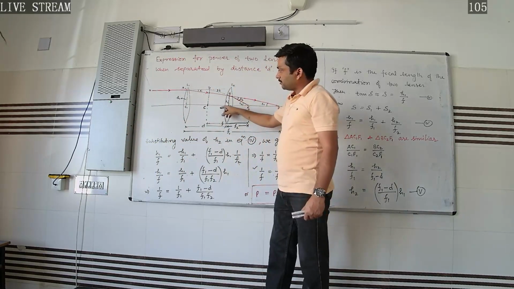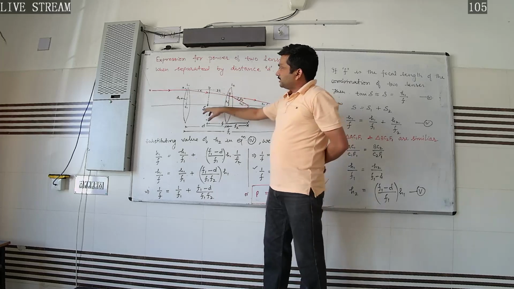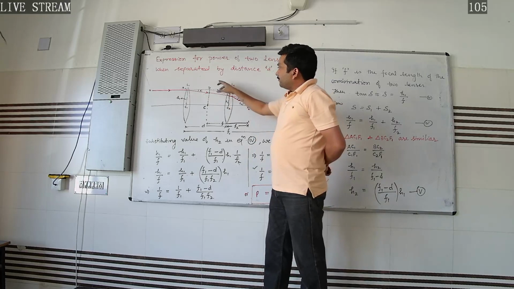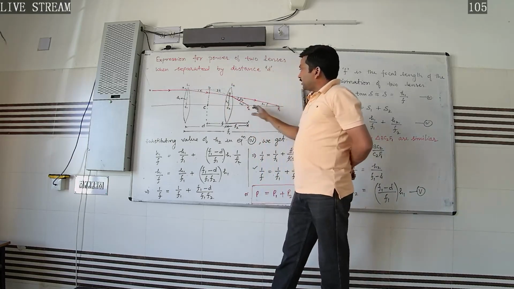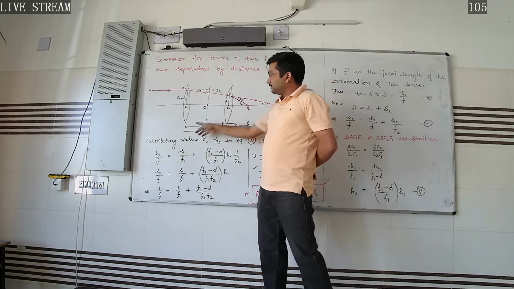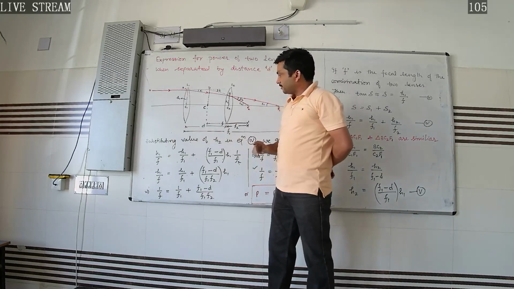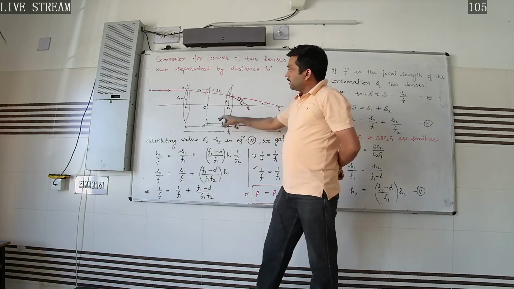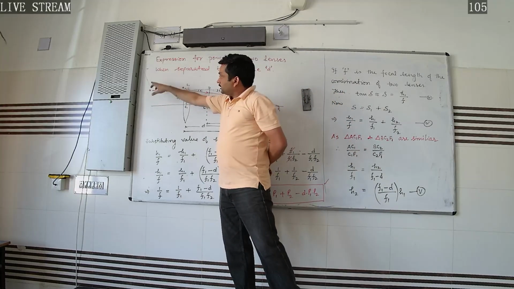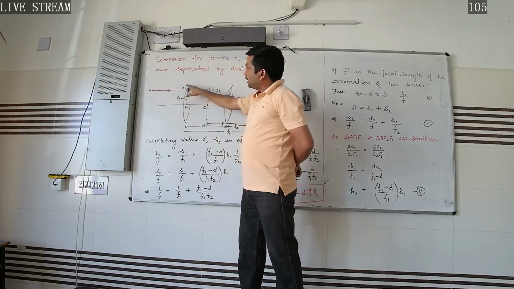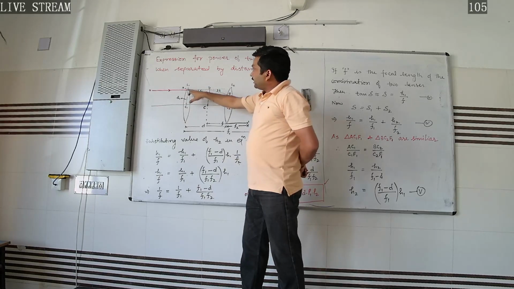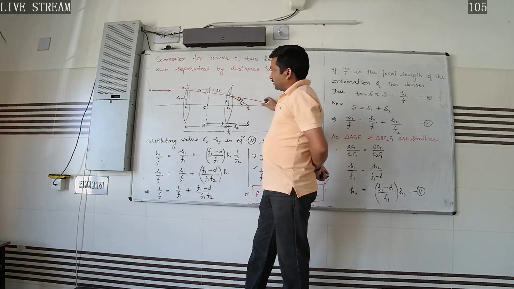So in order to derive the expression, we have considered two lenses L1 and L2 having different focal lengths F1 and F2. Let us consider these two lenses are separated by a small distance d. Now what would happen? A ray of light coming from a distant object falls on the lens L1 and gets refracted as shown in the figure.